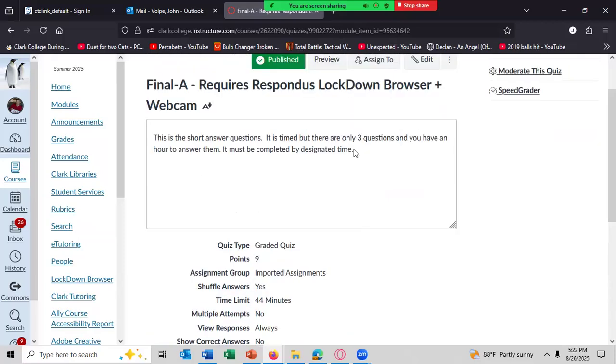And then on final B, the main final containing the multiple choice questions, I've moved the environmental scan to a question inside the exam. So there is no environment scan outside of the exam. Let me see if I can back up here.